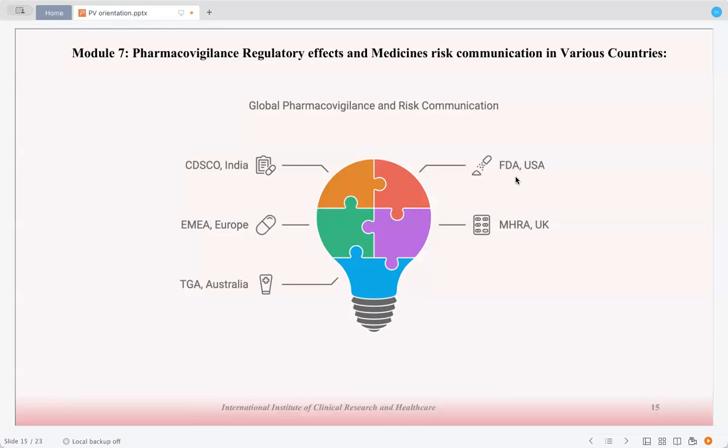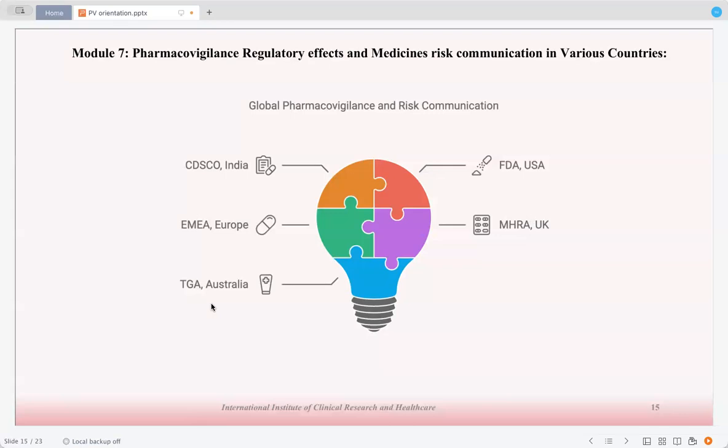In the UK, it's the MHRA, the Medicines and Healthcare products Regulatory Agency. They safeguard public health by collecting adverse event reports through the Yellow Card scheme and enforcing post-marketing surveillance. In Australia, it is the TGA, that is the Therapeutic Goods Administration.